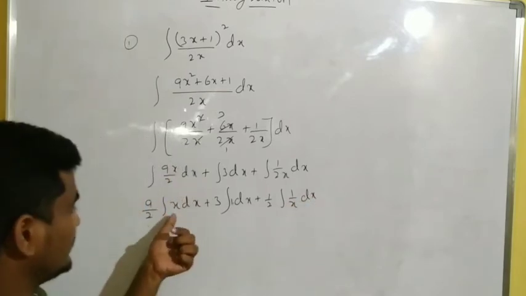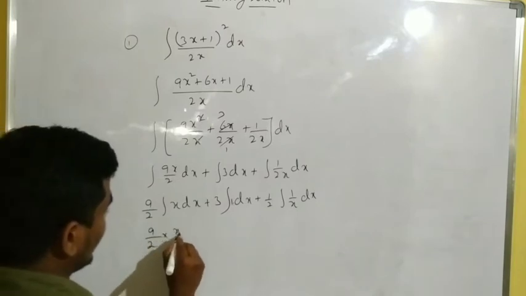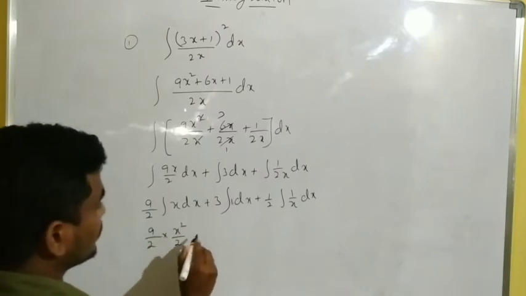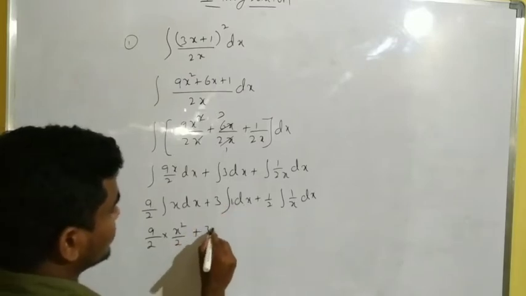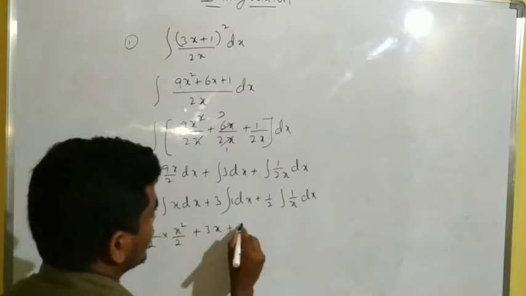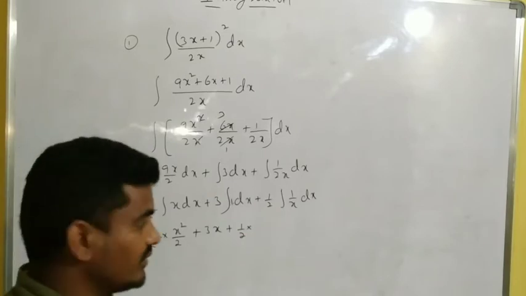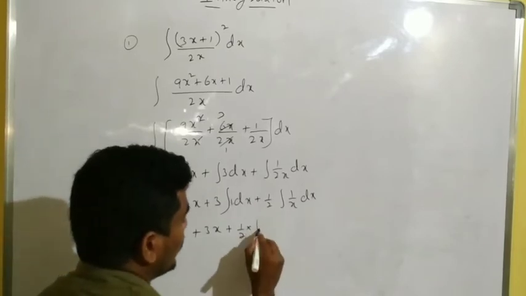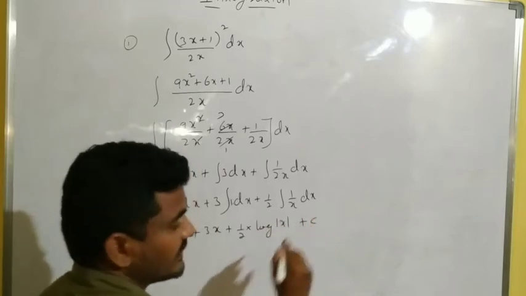And next, x integration we know that x square by 2, plus integration of 1 dx is equal to x, plus 1 by 2 into integration of 1 by x, which just now I already told is log mod x, plus c we can write.